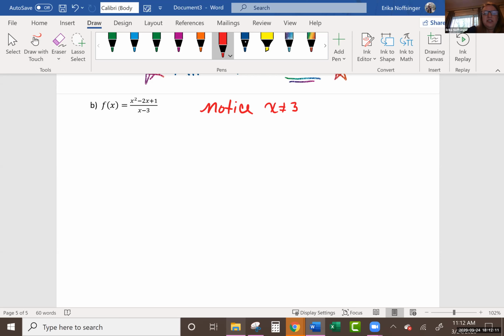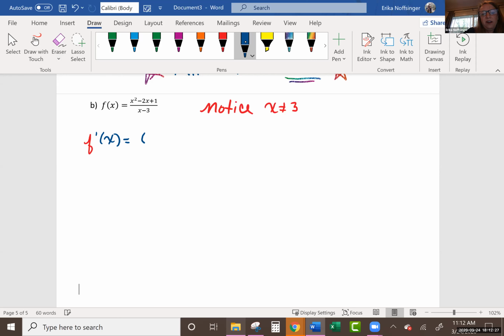And we want to take the derivative. And so taking the derivative, I notice that we need to use the quotient rule. And so using the quotient rule, I need to take the derivative of the numerator.